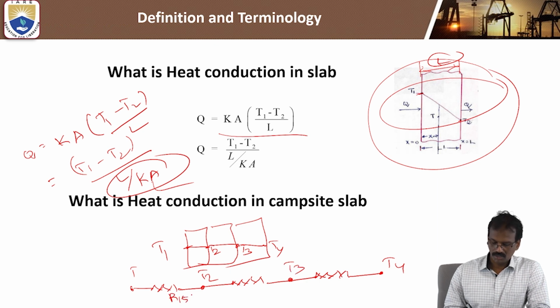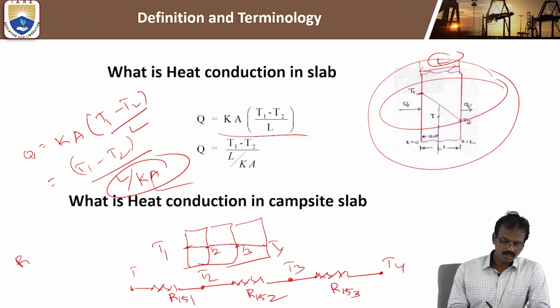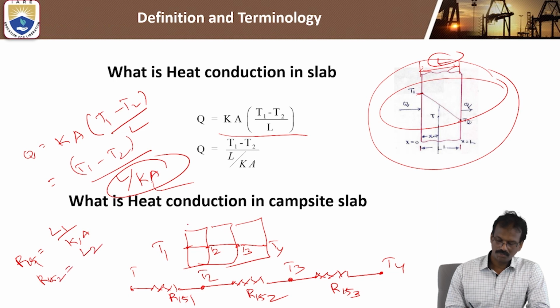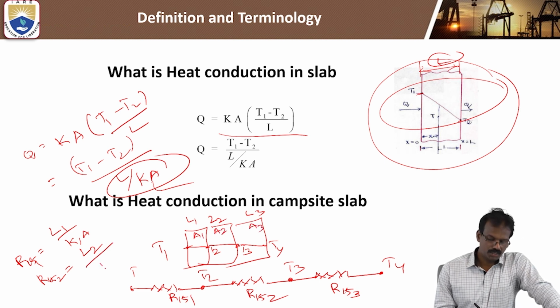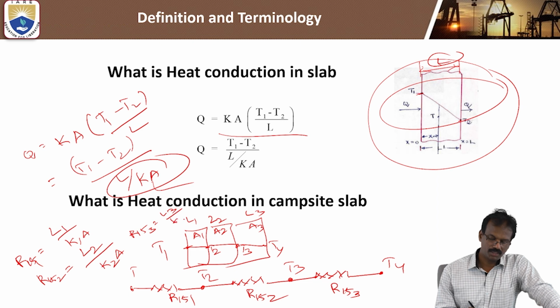This is the thermal resistance 1, thermal resistance 2, thermal resistance 3. RTH1 is equal to L1 by K1A1. RTH2 is equal to L2 by K2A2, because this is L1, this is L2, this is L3, with areas A1, A2, and A3. And RTH3, the third one, is L3 by K3A3.